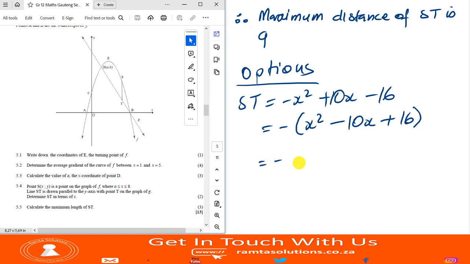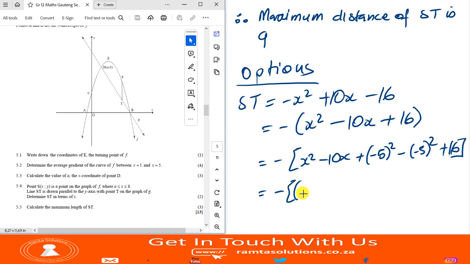So this is x squared minus 10x plus half the coefficient of x, which is 10, so it will be minus 5, minus 5 all squared plus 16. All right. So this is x minus 5 all squared minus 25 plus 16.